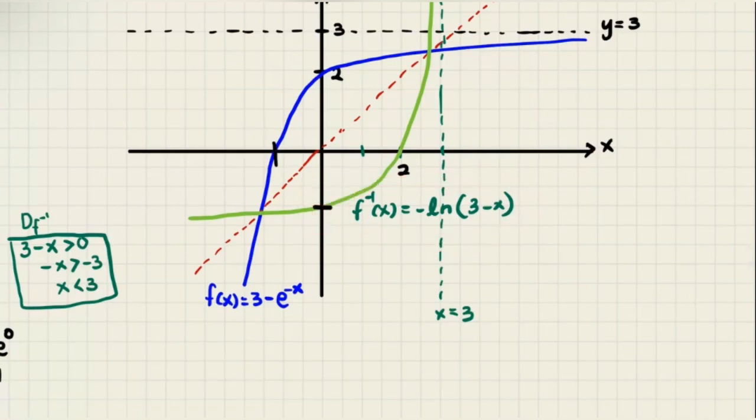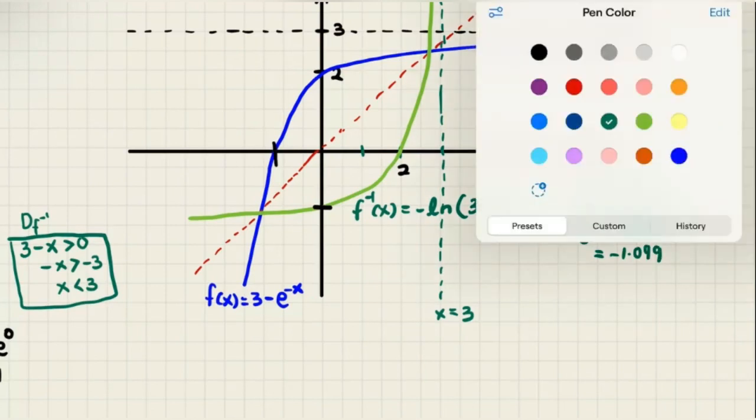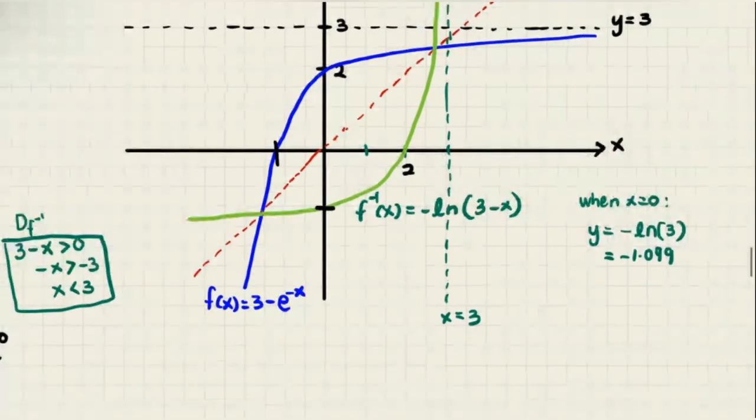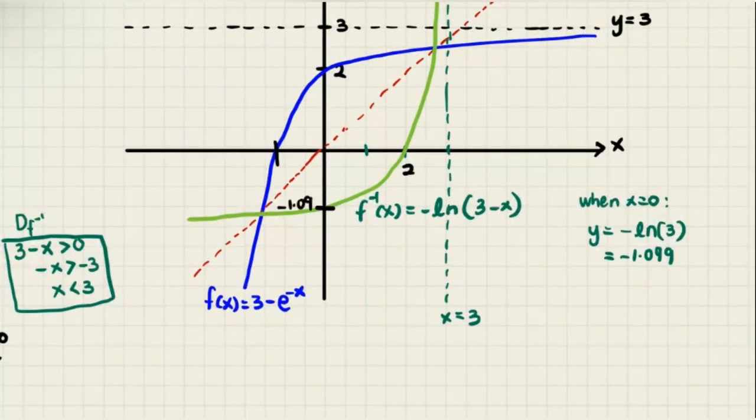What is it called? The y-intercept. So when x equals to 0, I get y equals to negative ln of 3 only, which will be equal to what in decimals? Negative 1.099. Okay, so it means the black one is negative 1.099. So if here is negative 1.099, this one will also be negative 1.099.